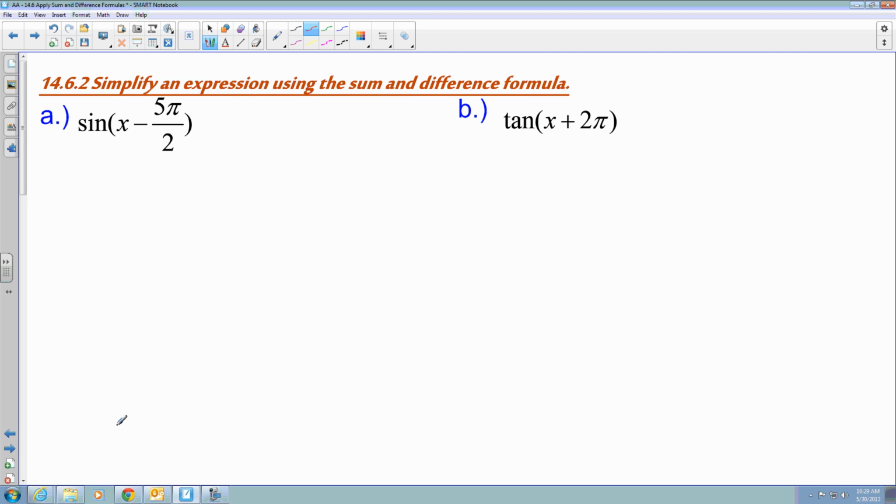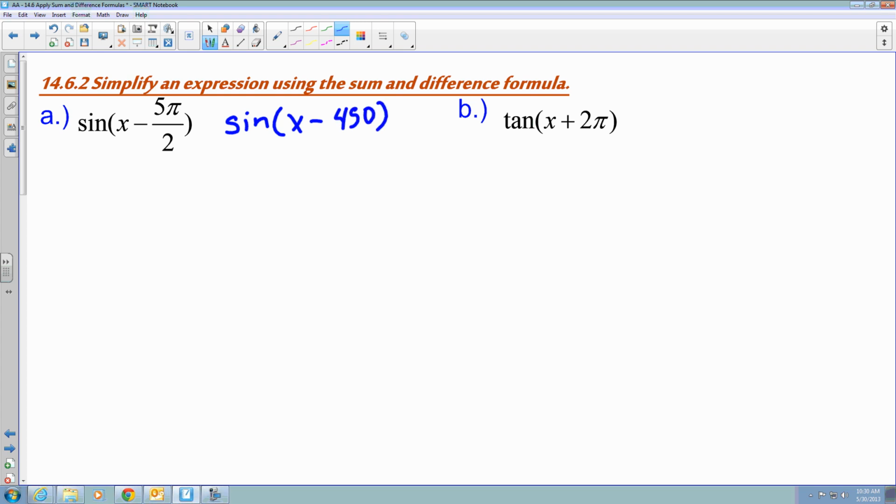Next thing we get to do is simplify the expression by using the sum and difference theorem. So from here, what I want to do is convert this to degrees. So 5 pi over 2 ends up being 450 degrees.